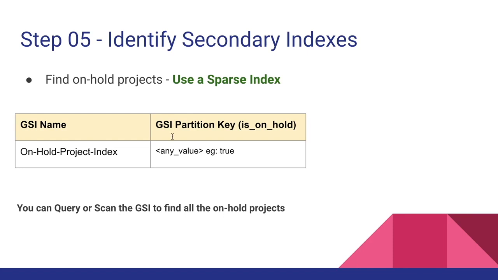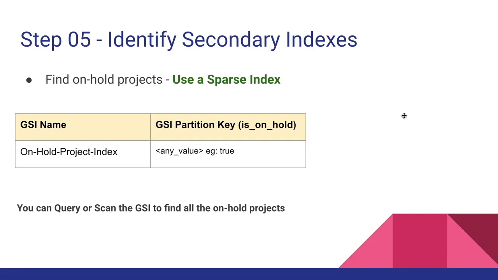So global secondary indexes behind the scenes maintain a separate table with the indexed items. Now since we have updated the isOnHold attribute for only those 3 projects, only 3 items will be written to that index table. It's not going to write all the other 97 items in that index table.